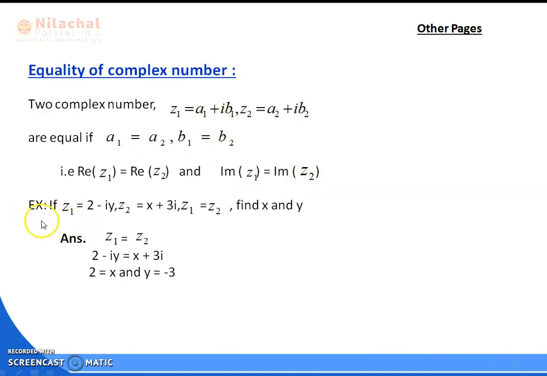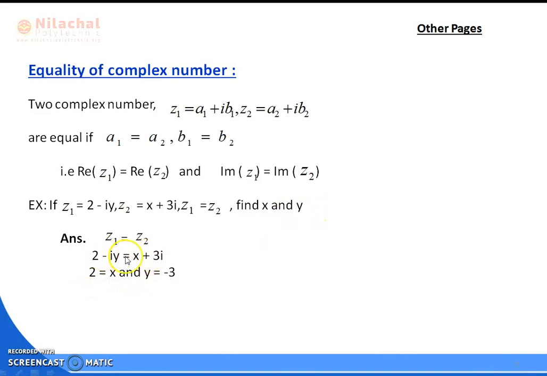So let's have an example. If Z1 equals 2 minus iy and Z2 equals x plus 3i, and it is given that Z1 equals Z2, find x and y. As it is given Z1 equals Z2, we write Z1, which is 2 minus iy, equals Z2, which is x plus 3i. The question is asking to find x and y.